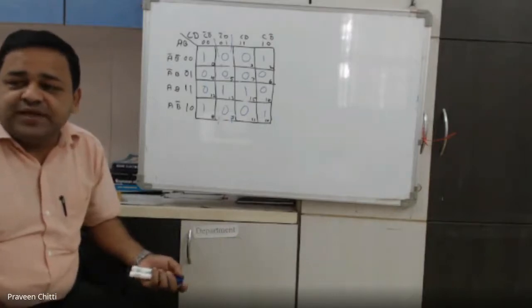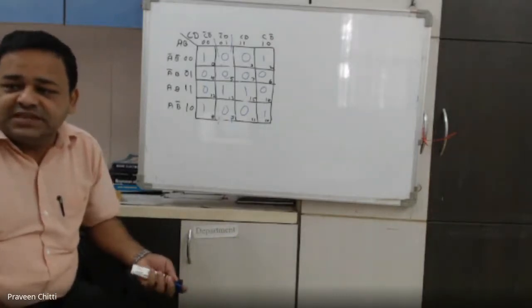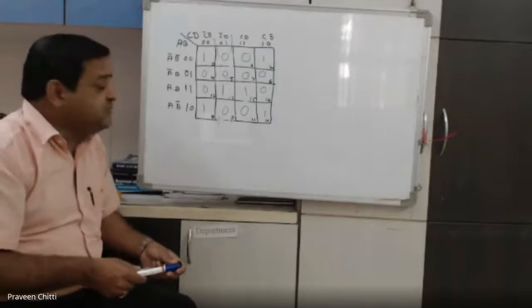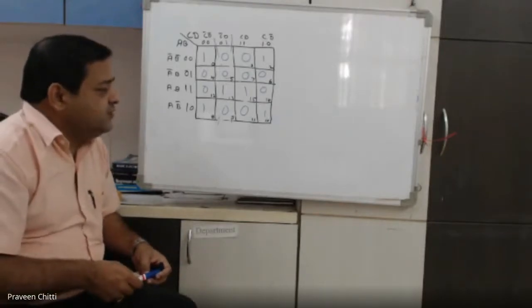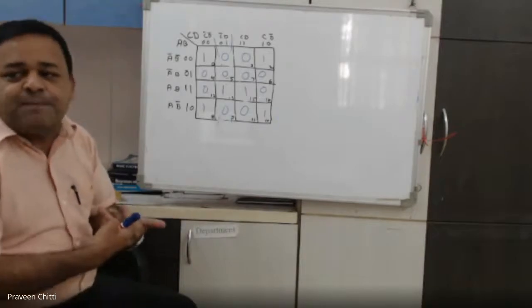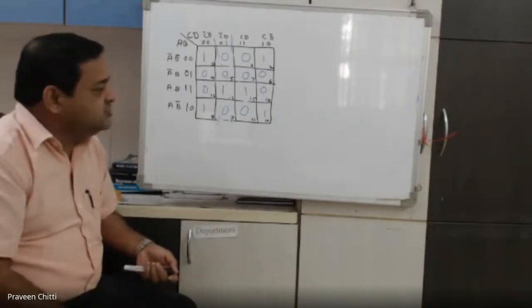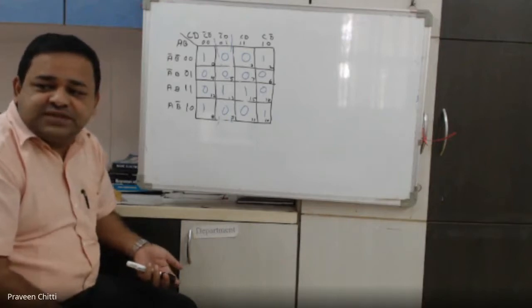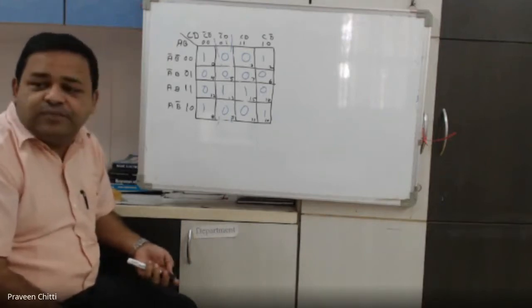What is the first group that I can form? Sejal, are you there? Which 2 cells or 4 cells or 8 cells should I combine so that I can form a group?